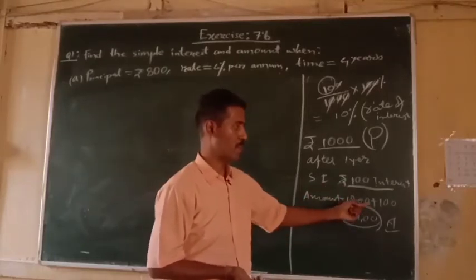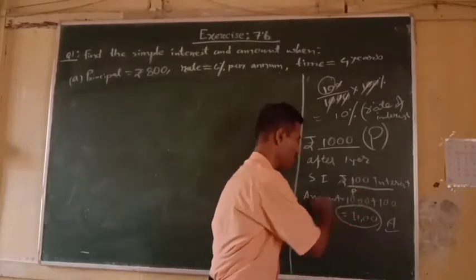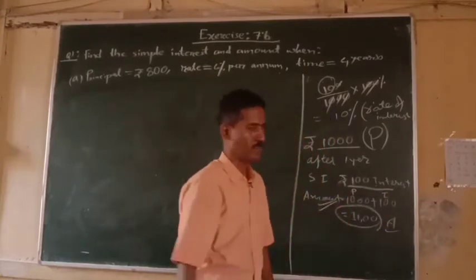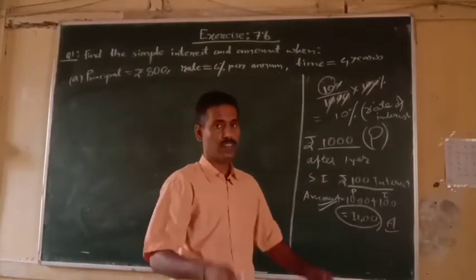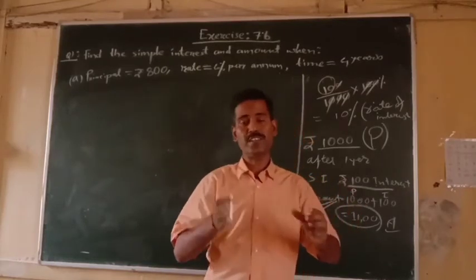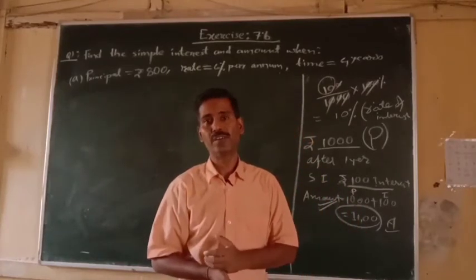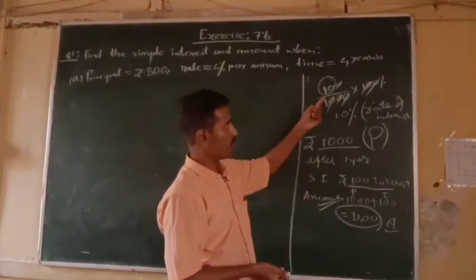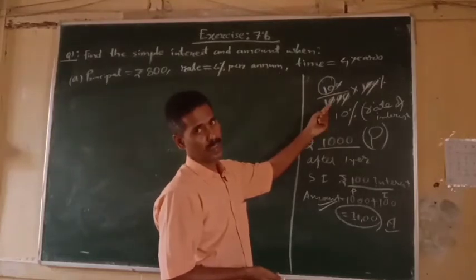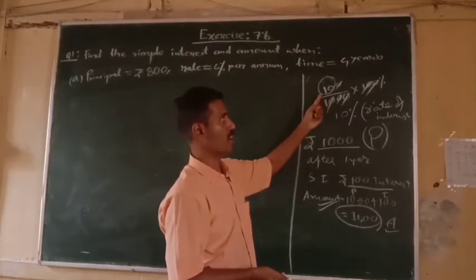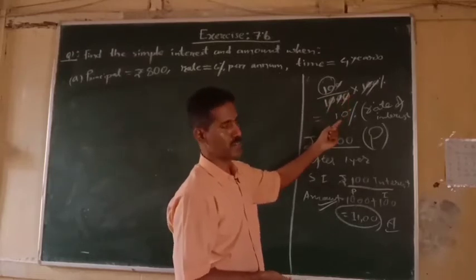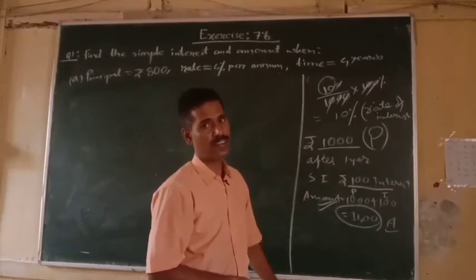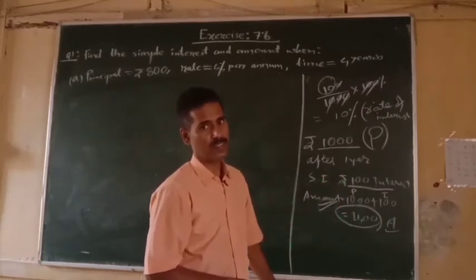The 1 year is your time or number of years. And 100 out of 1000 into 100% gives 10%, which is called your rate of interest.